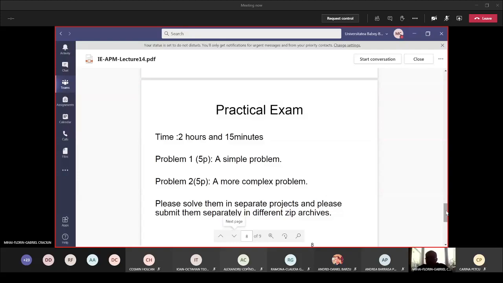And for the problems, in order to get the points, the problem must compile and run without any error. If you cannot compile a problem, or if you cannot run it, in that case you will get 0 points. Anyway, that will be written in the text of the problem.